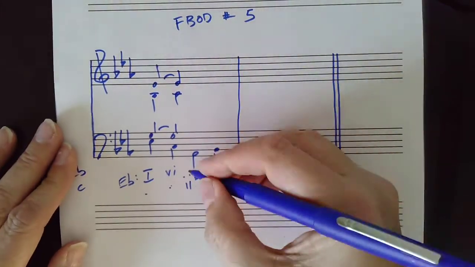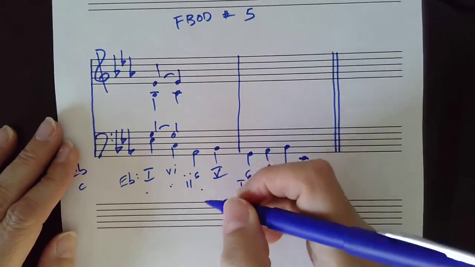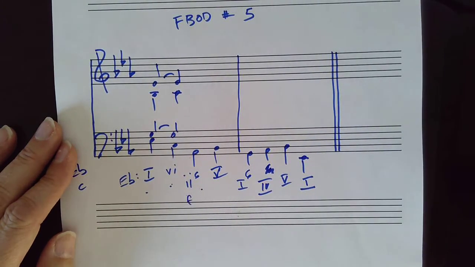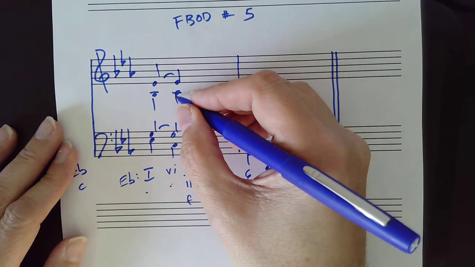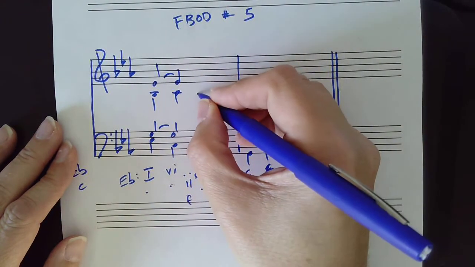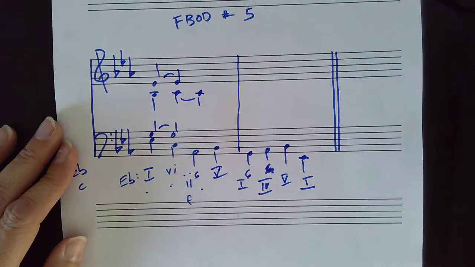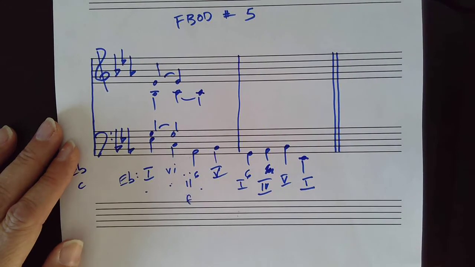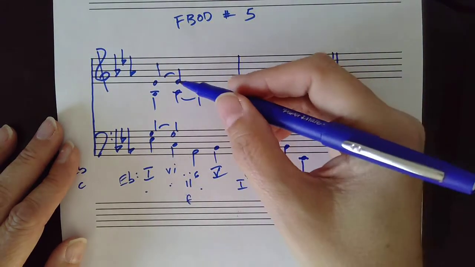Okay, next chord, 2-6. So 2 is F. So we need F, A flat, C. We want the smoothest possible way to connect. Okay, so keep that C. And we need an A flat.